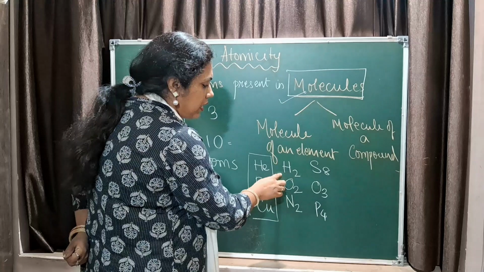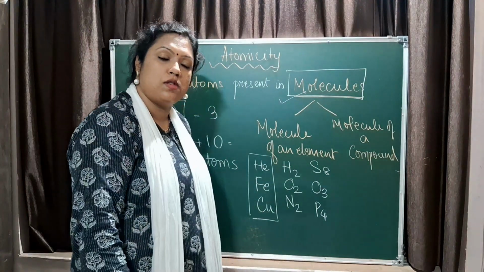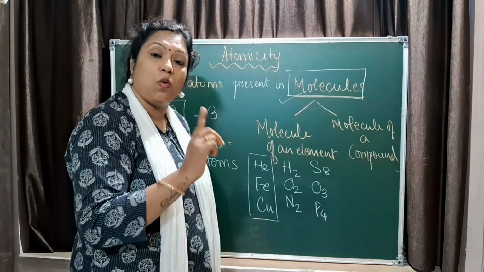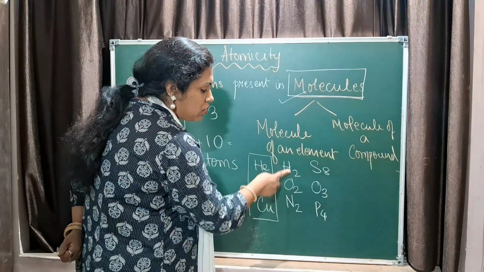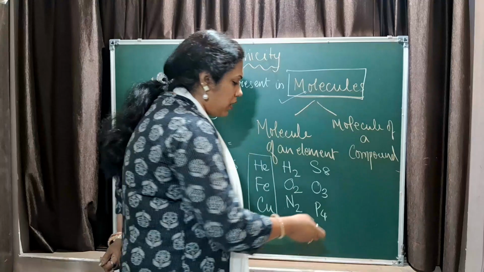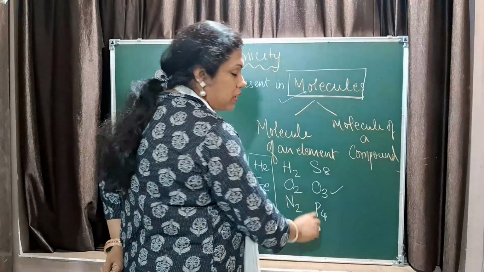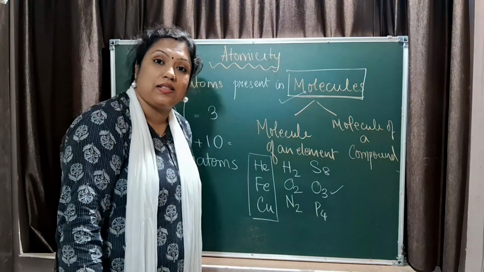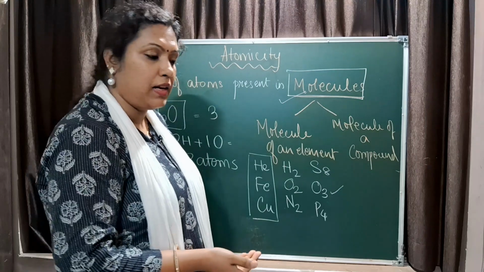And here you can see there are 2 atoms of hydrogen which makes 1 molecule of hydrogen, 2 atoms of oxygen which makes 1 molecule of oxygen, 2 atoms of nitrogen make 1 molecule of nitrogen. So atomicity of hydrogen, oxygen and nitrogen is 2. And here they are polyatomic. Ozone atomicity is 3, phosphorus atomicity is 4, sulfur atomicity is 8. Is that clear? Let me rub the board to understand it better.